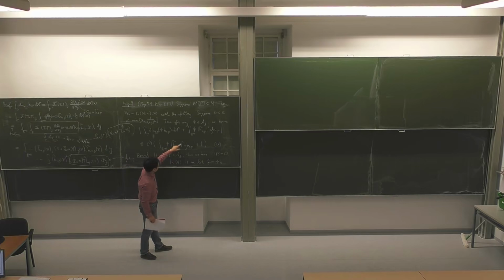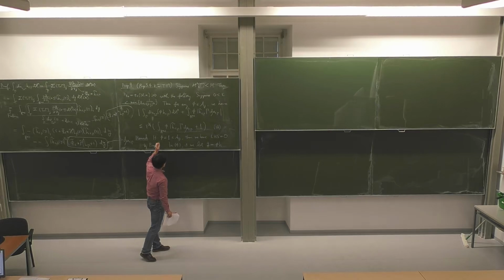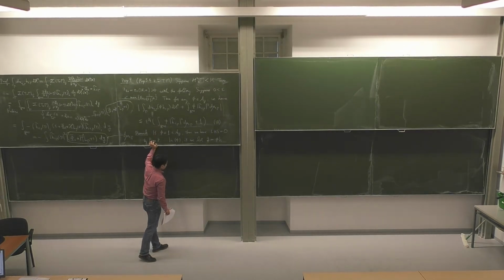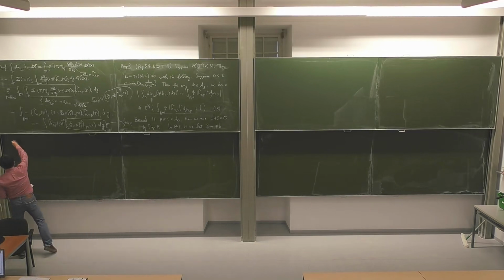Even with this small number, we are in good shape. So as I said, this quantity is controlled. Maybe I should write that. So at the end, this quantity is nicely controlled.